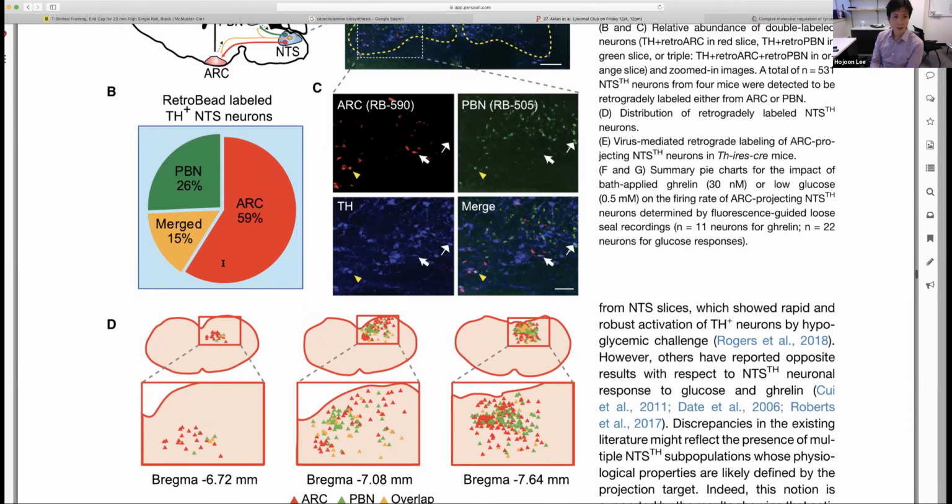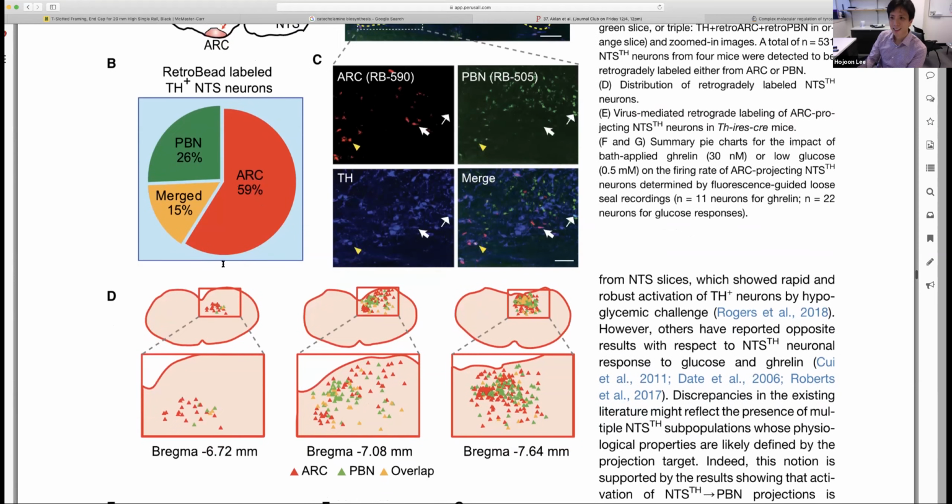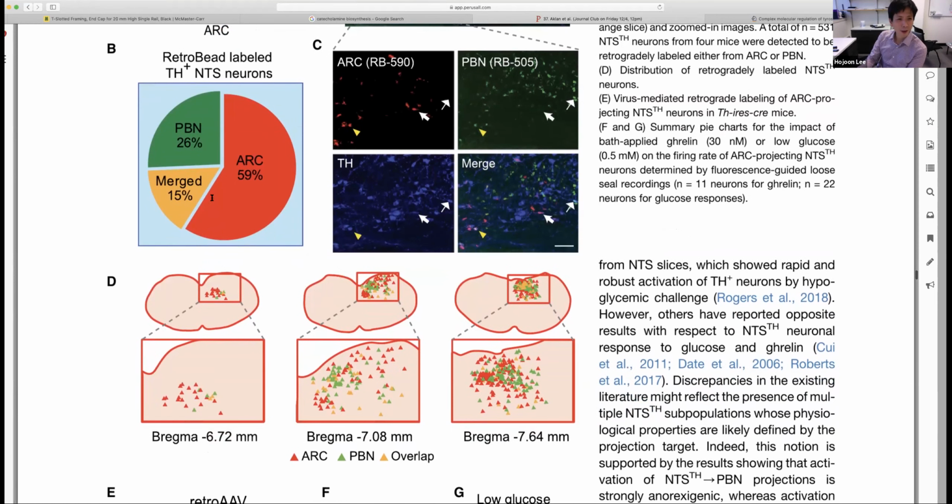So this would suggest that most of the TH neurons in the NTS are going to the arcuate nucleus, or not, 59%. No, actually more, right? Because there's 15% that goes to both.